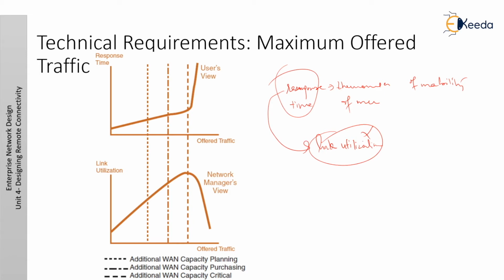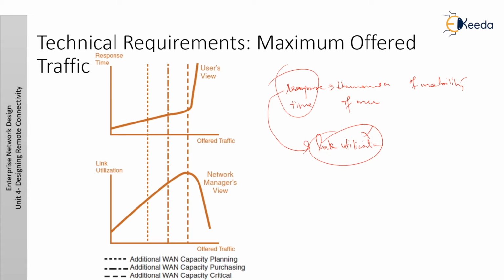Fine. So this figure shows the response time and the link utilization relative to offered traffic. The response time increases with the offered traffic. Obviously, whenever the traffic is very high, the response time also increases until it reaches an unacceptable point for the end user. Similarly, the link utilization increases with the offered traffic to the point that the link becomes saturated.